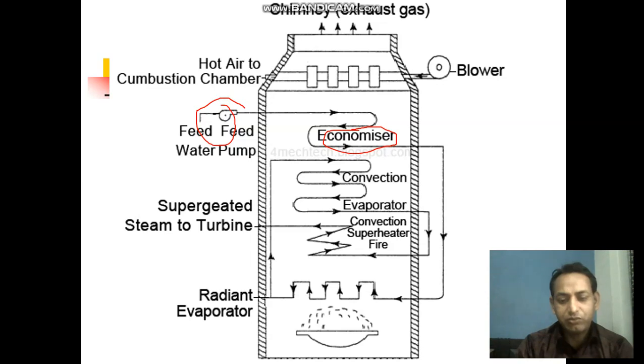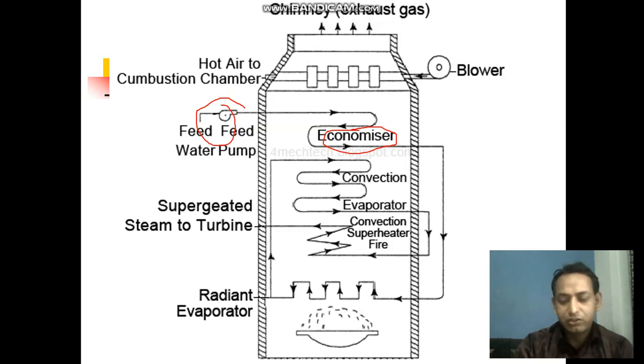The temperature of the water is increased, and the mixture gets converted into a more dry form. Then in the convective evaporator the mixture gets converted into saturated vapor. It is then converted into superheated vapor, and finally it is utilized in the turbine as superheated vapor.